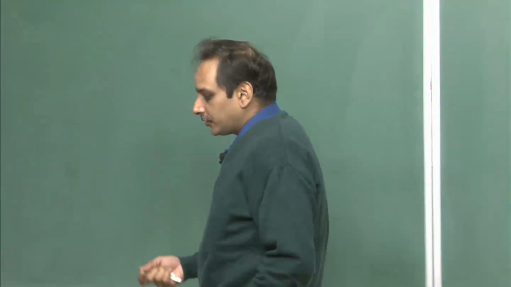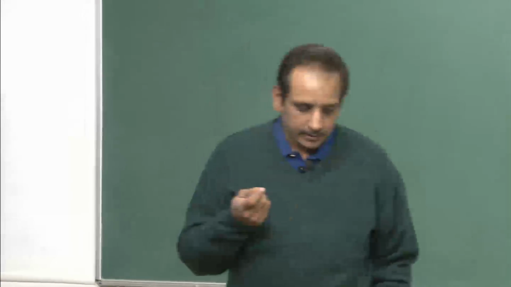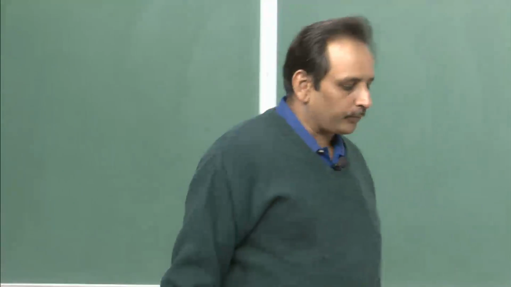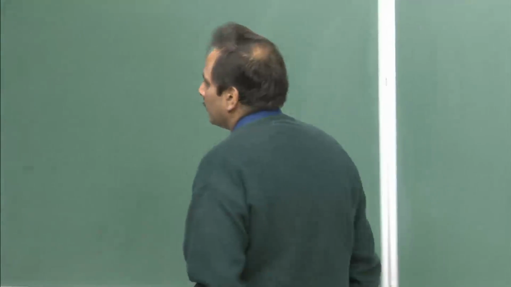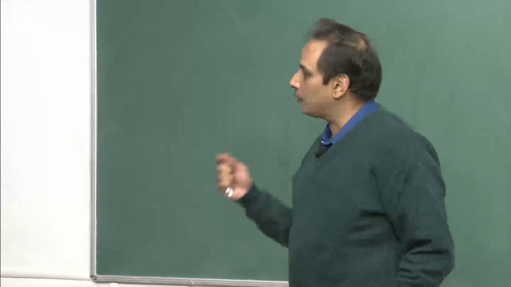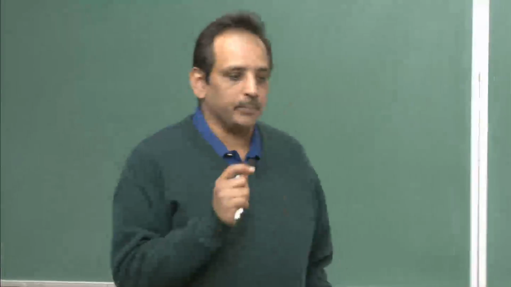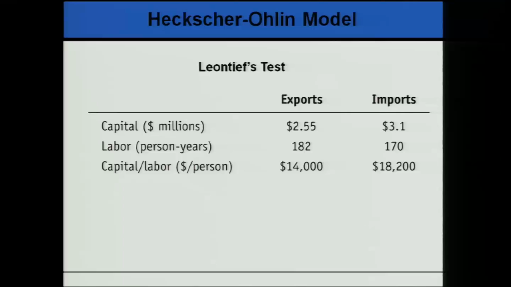So as in the Heckscher-Ohlin model, you assume that the technology is the same, so he could work out the capital labor requirements to produce 1 million worth of import competing goods. But to his surprise, the capital labor ratio in exports worked out to be lesser than the capital labor ratio used in imports.